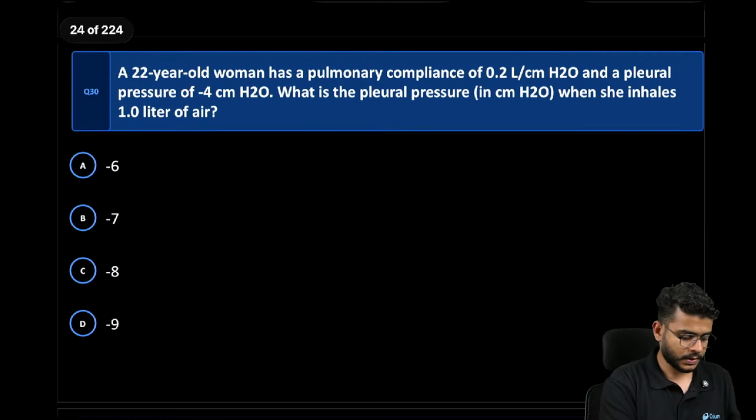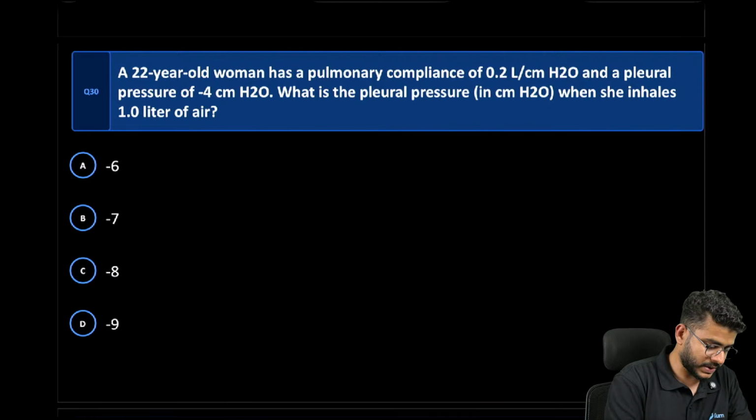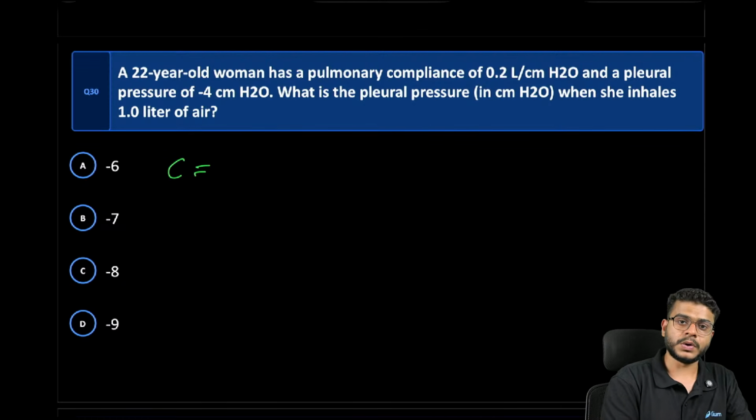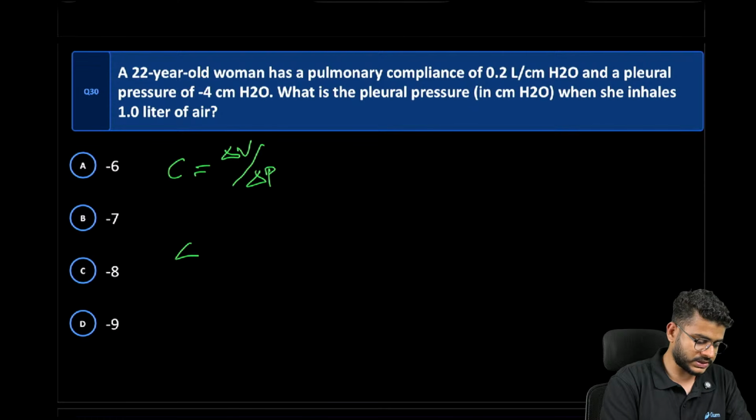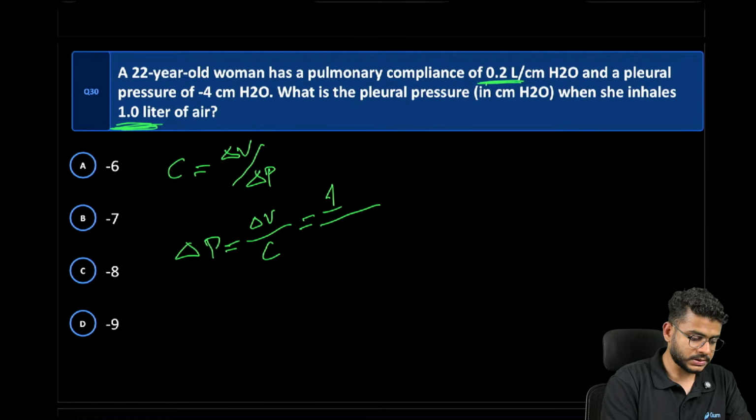We know pulmonary compliance is equal to change in volume per change in pressure. So the change in pressure will be change in volume divided by compliance. Now we know the change in volume is 1 liter. 1 liter divided by the compliance, which is 0.2, gives 5.